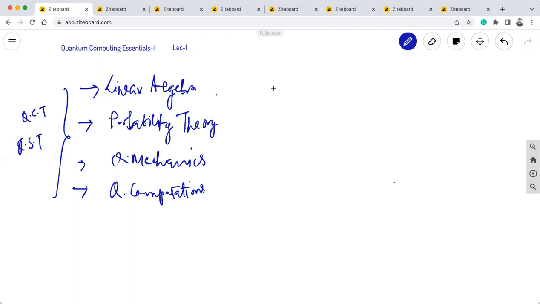For good readings on linear algebra, the audience can see some books. For example, Introduction to Linear Algebra by Professor Gilbert Strang, which is very standard, and you can get all the lecture series on the web.